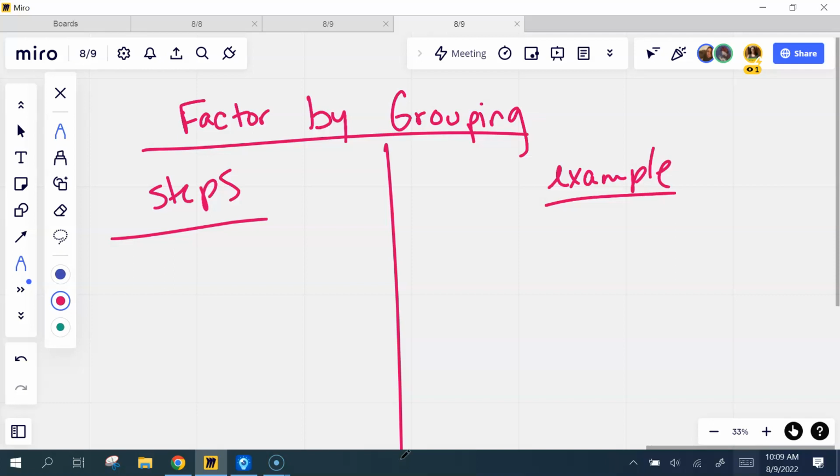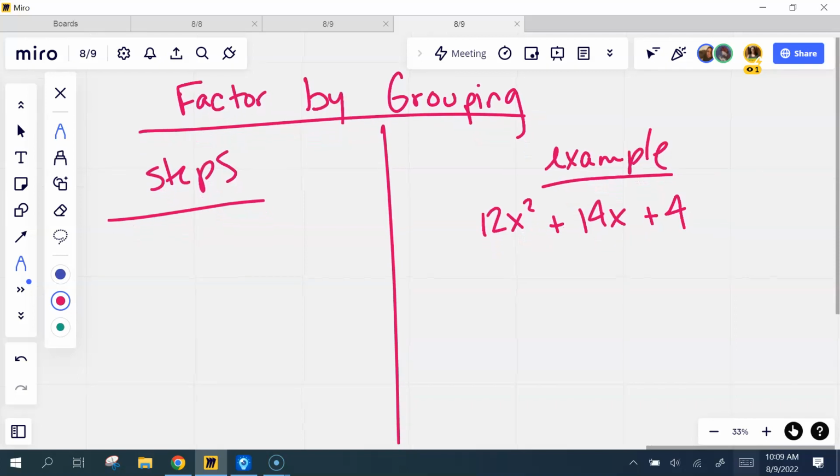So let's say I have 12x squared plus 14x plus 4. My very first step is to check for a GCF. No matter what else you do, you always want to check for a GCF first, and if it has one, you want to take it out.